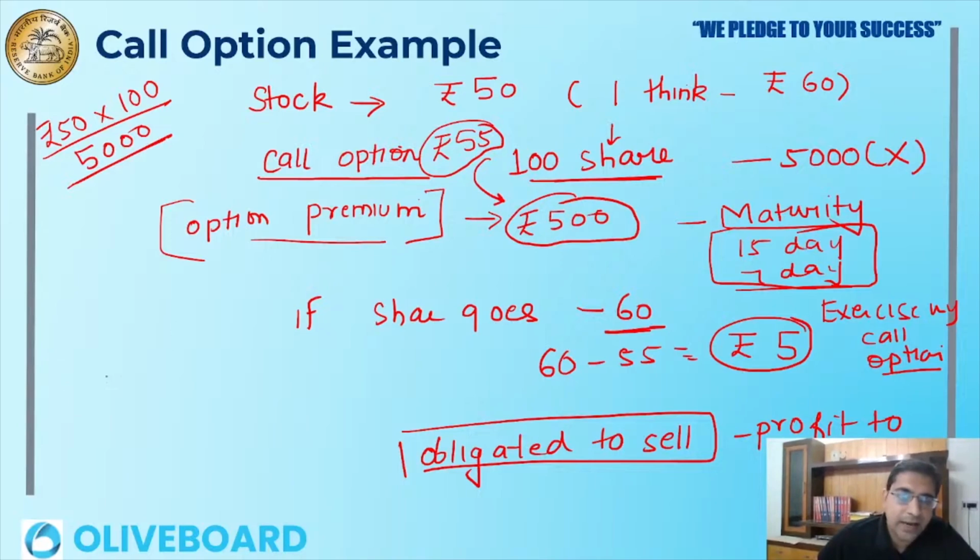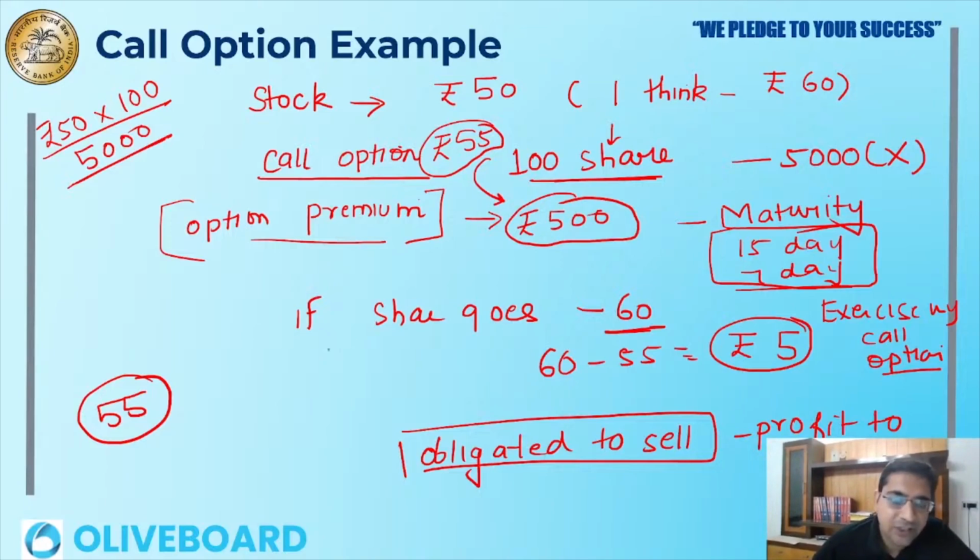But now the scenario comes, I have taken a call option at 55, but the share price does not go above 55, it remains at 55. I cannot exercise it, because only if the share price crosses 55 will I get the profit. So nothing will happen.